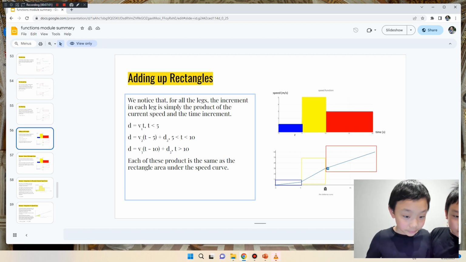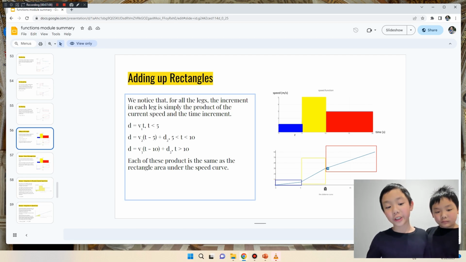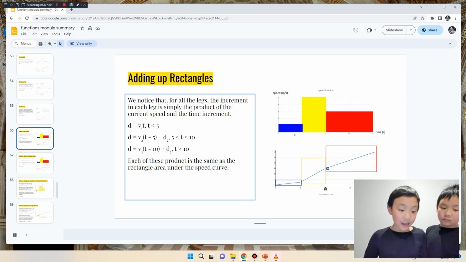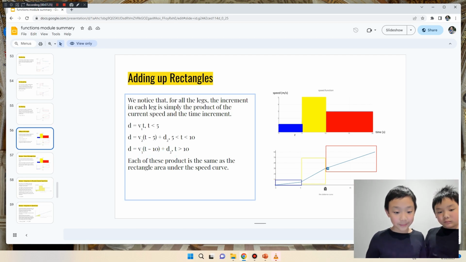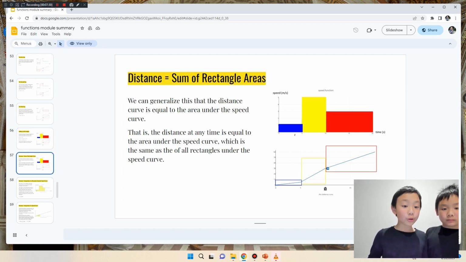This means when the time is more than 5 but less than 10, you do this one, D equals V2, velocity 2, times T minus 5, plus D2. And for the third one, you just use this equation when the time is more than 10. That's what this means. And also distance is equal to the sum of the rectangle areas.